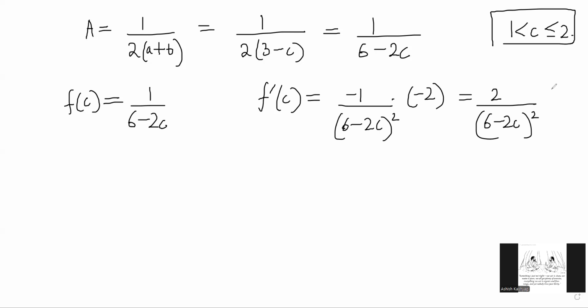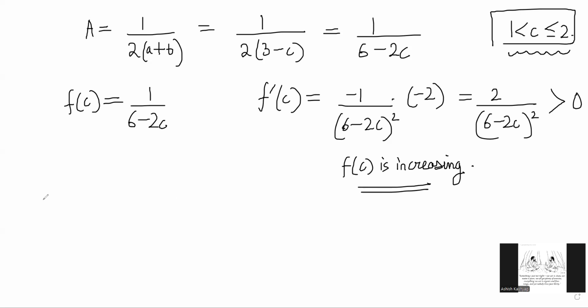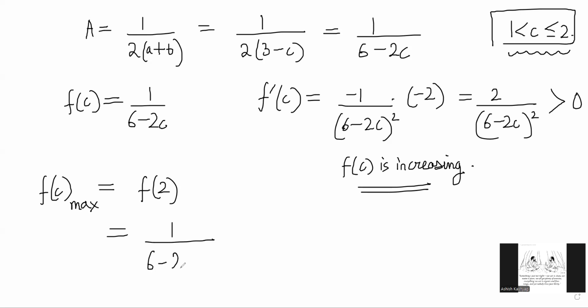So we can see that this is always greater than 0. And that means f of c is increasing function. And if f of c is always increasing over this interval from 1 to 2, f of c maximum value will happen at f of 2. So that will become 1 by 6 minus 2 into 2. So that will be 1 by 2. And that is the A max, the maximum value of the area.